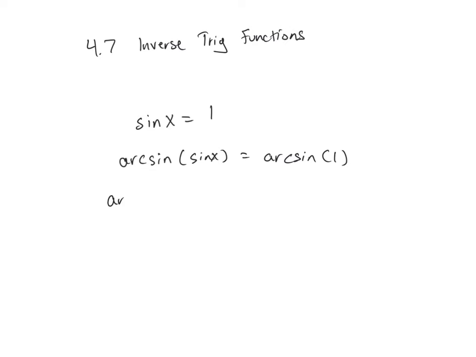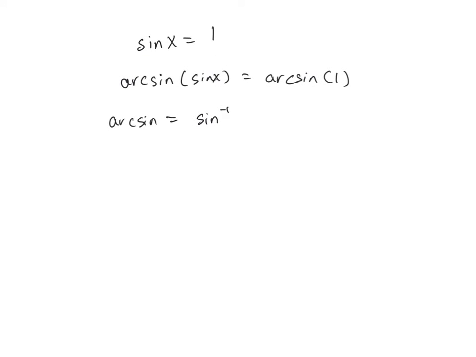Or arcsine is also the same thing as the inverse sine, sine to the negative 1 power. Both are equivalent in this world. So we're doing arcsines and inverse sines, but they are the same thing. They can replace each other. So let's find the arcsine of 1.